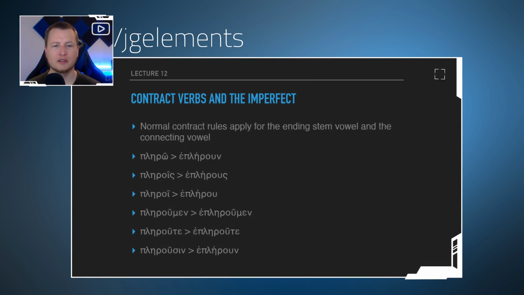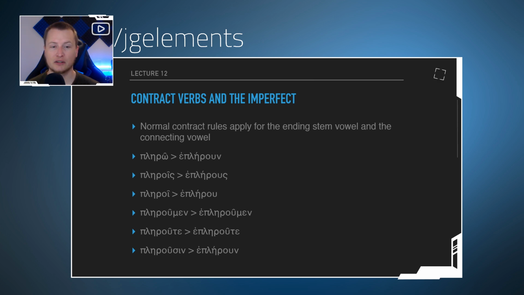And then here's what it looks like in omicron. Plero, which is plerow, right? In the lexicon, but it's pleroo in the first person singular when it's outside of the lexicon. It becomes epleroun. We see the augment, epsilon, at the beginning. And then the contract, omicron plus the secondary ending. Epleroun, first person singular.